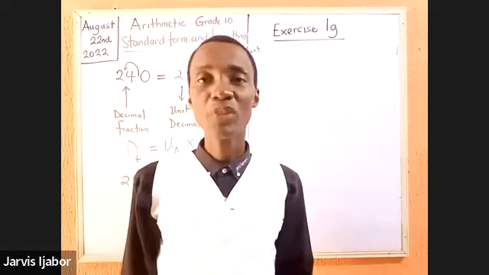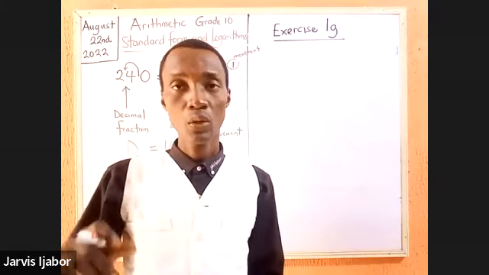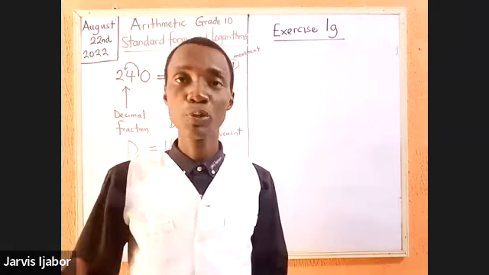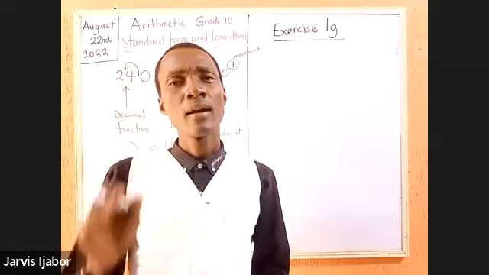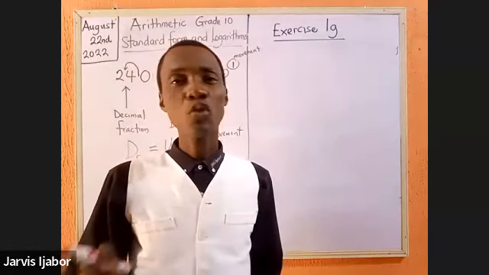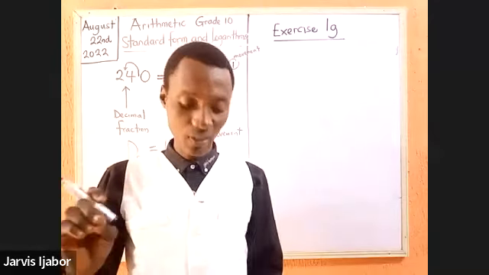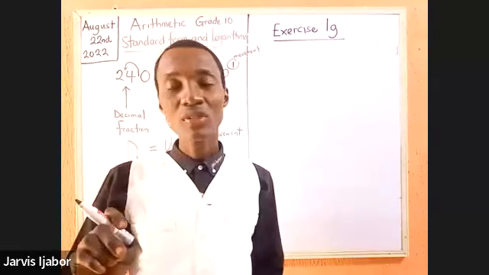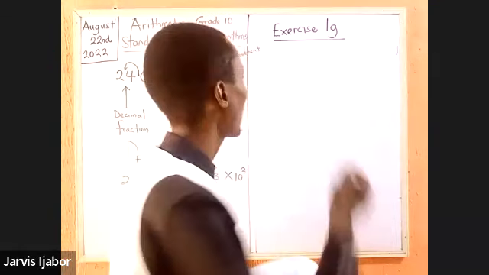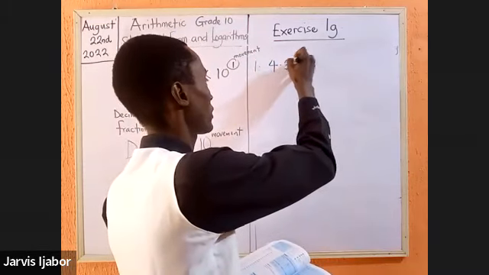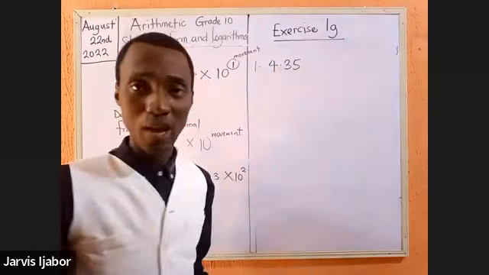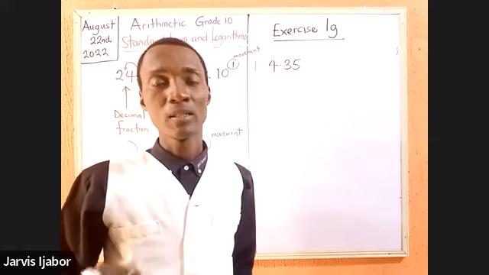Okay, to drive home the concept of the standard form aspect of this topic, we'll be looking at exercise 1G of our text. Now, I won't solve all. I'll just pick a few of the questions that I think will pose an issue to us. Look at number 1. It says 4.35. We're required to write this in standard form.